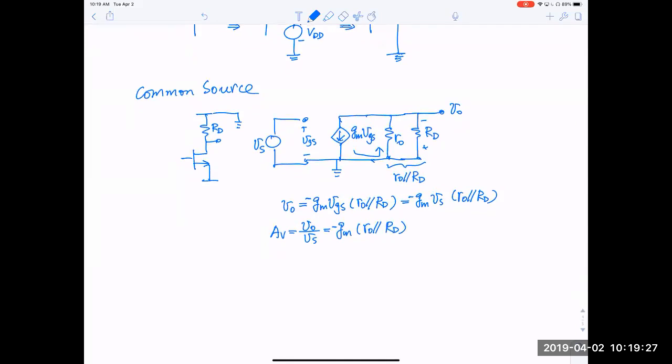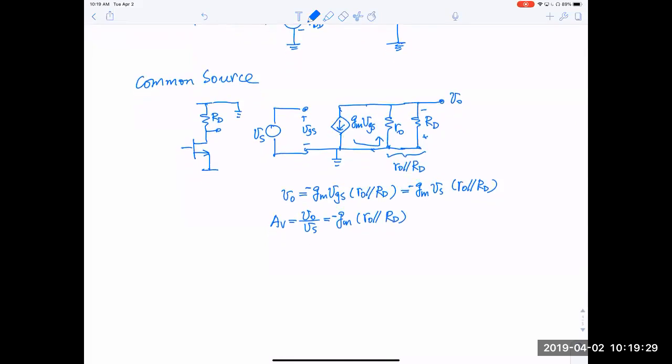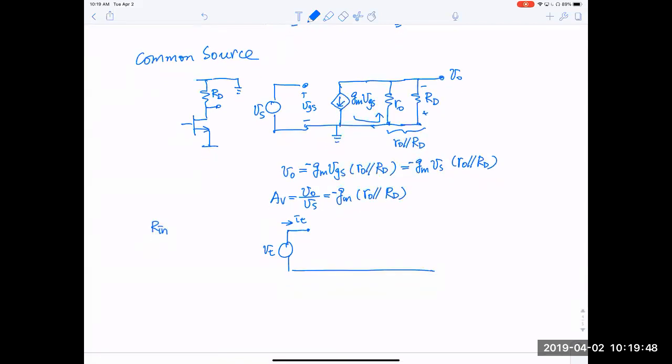All right. So what about input resistance? What about Rin? Well, Rin is essentially the same configuration as this circuit. Let me redraw it. So we attach VT, and this is IT. Up to this point, we really don't need to draw the entire circuit.